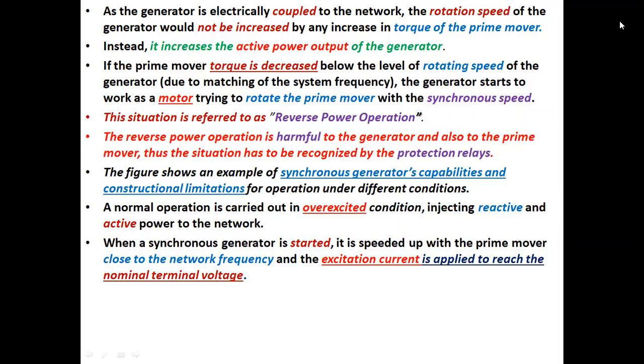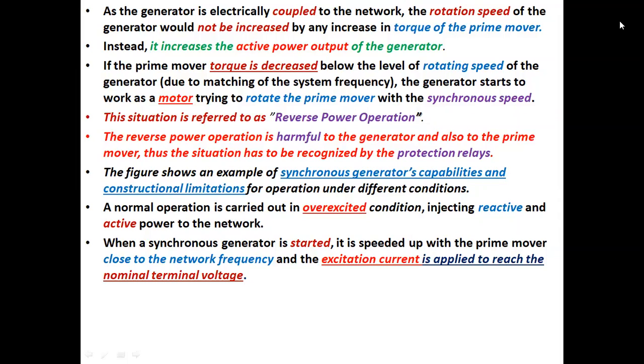The figure shows an example of synchronous generators' capabilities and constructional limitations for operation under different conditions. A normal operation is carried out in overexcited condition, injecting reactive and active power to the network.